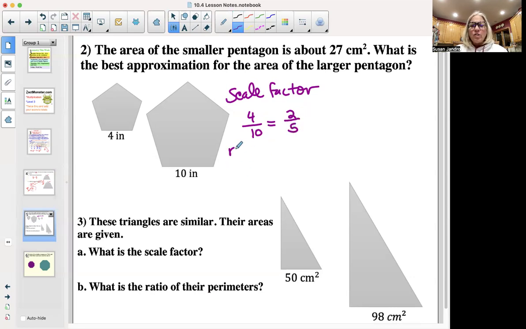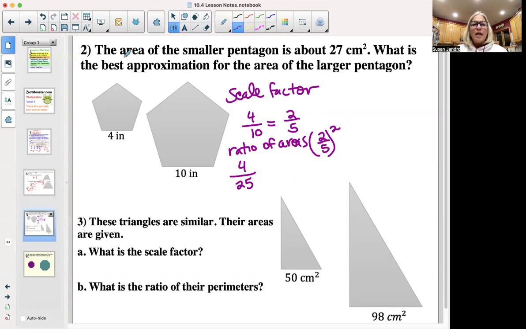What is the ratio of the areas? Well, remember, we have to take that ratio 2/5 and we square it. So we get 4 over 25.